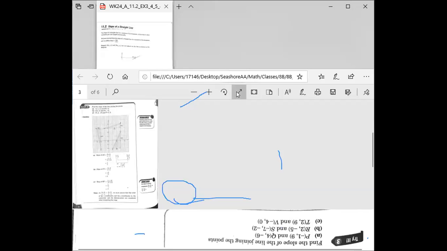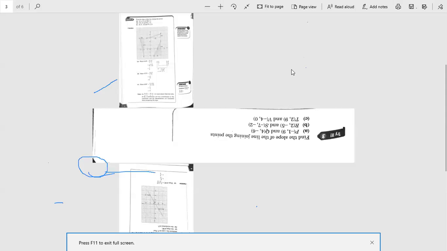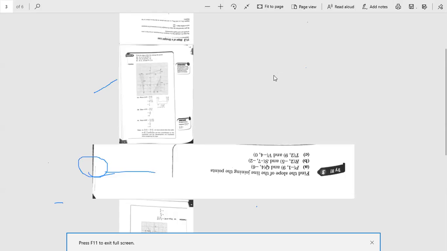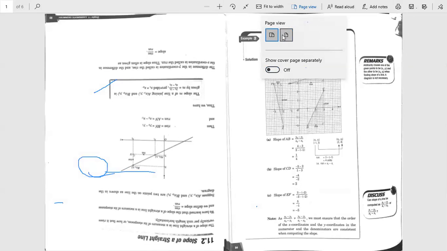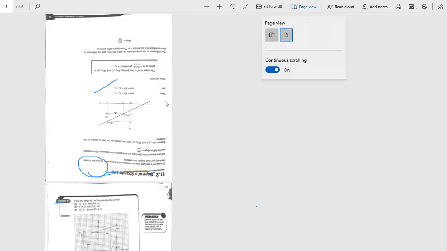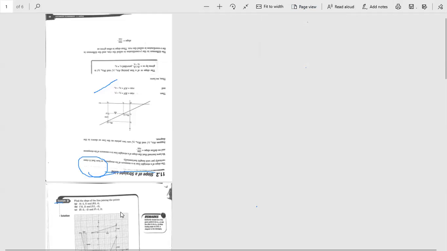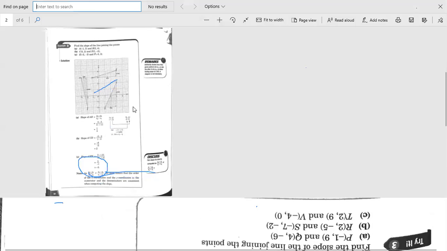If not, then I might need to just look at it in a tilted way.